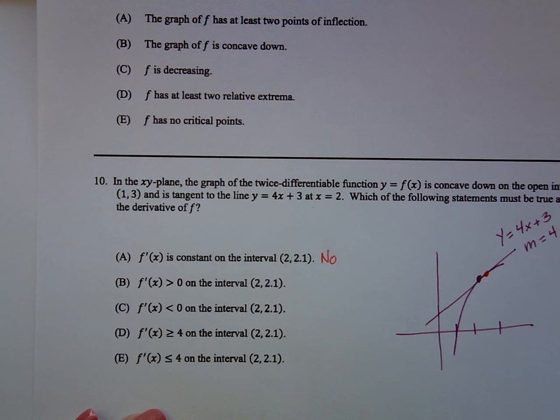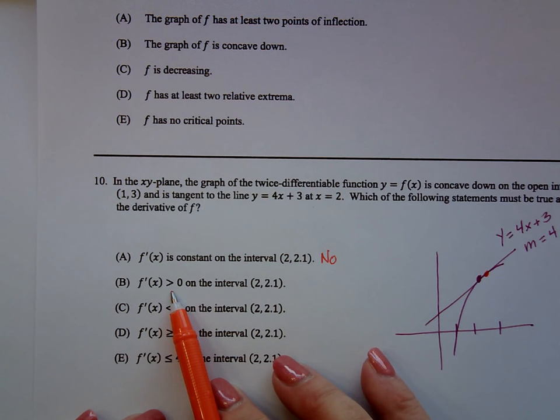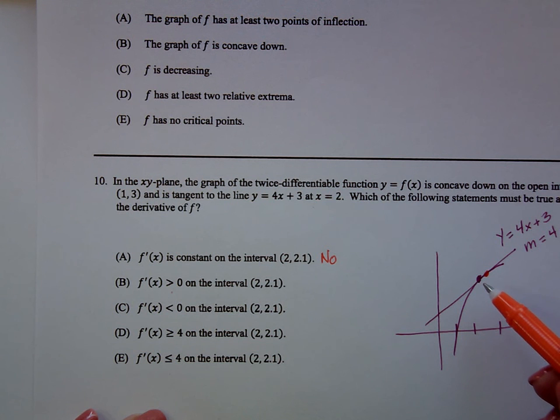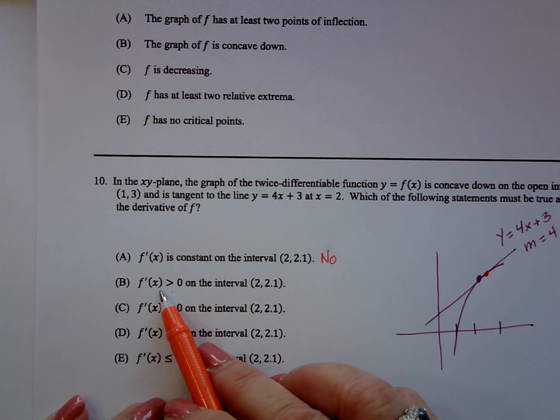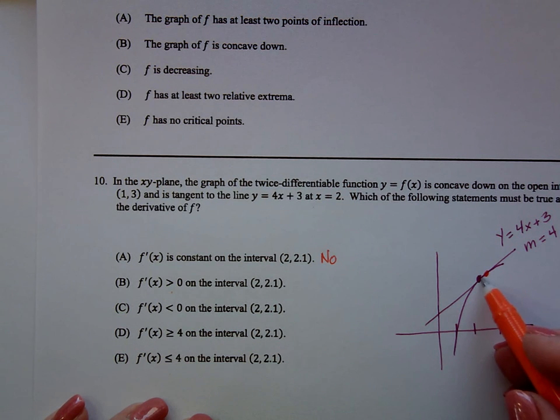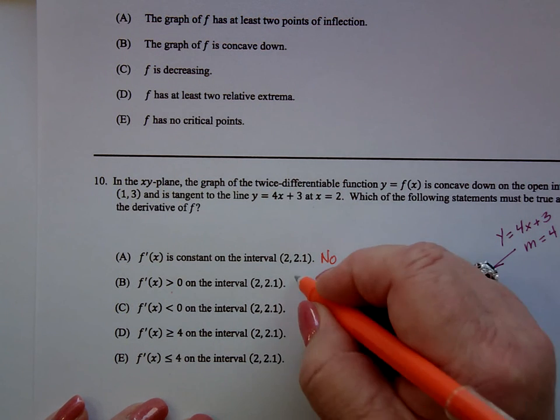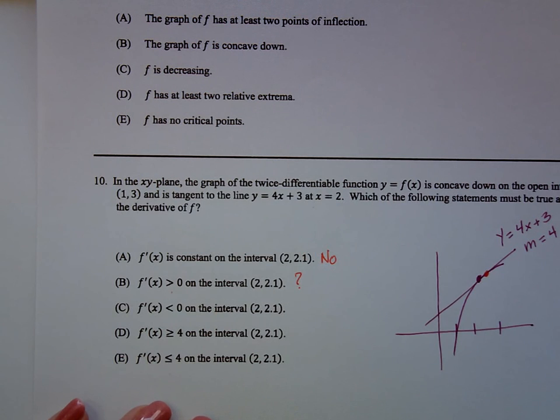Is my first derivative positive on the interval between 2 and 2.1? Is my slope positive in both of those locations? And this one's a possibility. I want to think about that one. Is my slope negative? No, negative slopes go the other way, so this is a no.